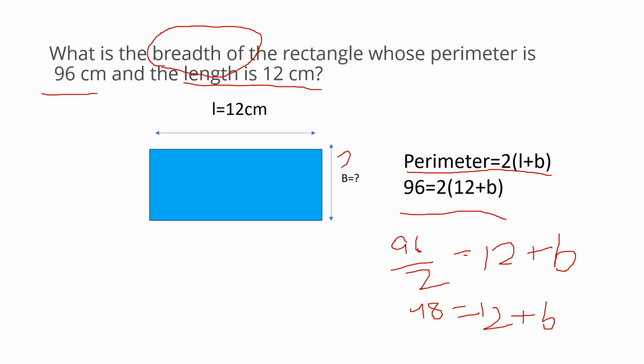So B is 36. Framing the equations and then solving them is not difficult.